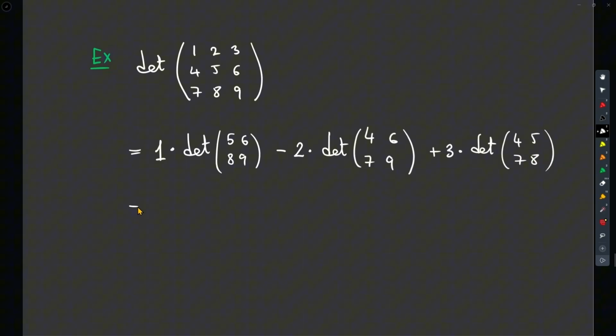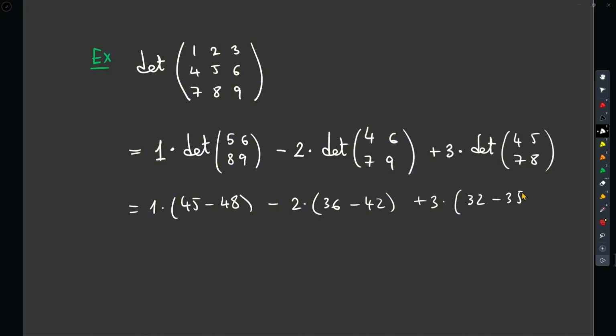If we calculate, this is 1 times (9 times 5, 45, minus 48) minus 2 times (4 times 9, 36, minus 42) plus 3 times (4 times 8, 32, minus 7 times 5, 35), which is minus 3 plus 12 minus 9, which is 0.